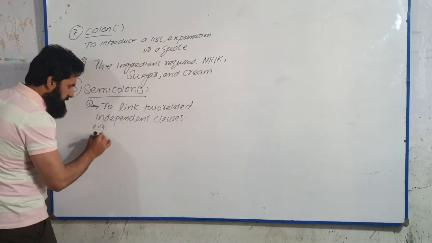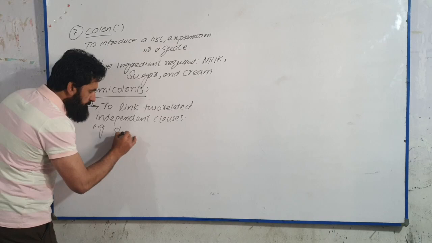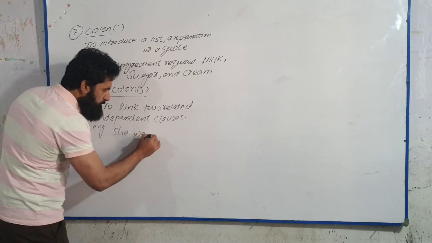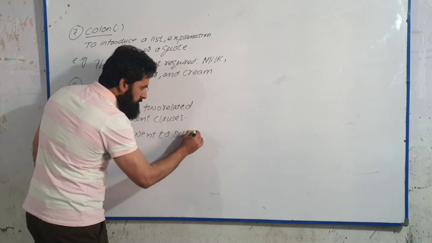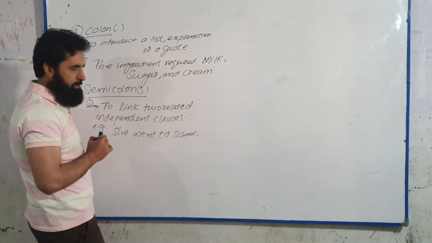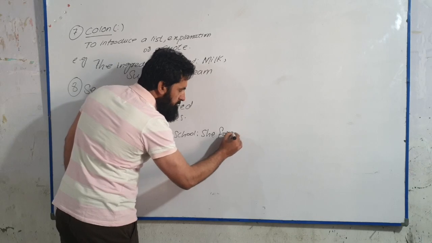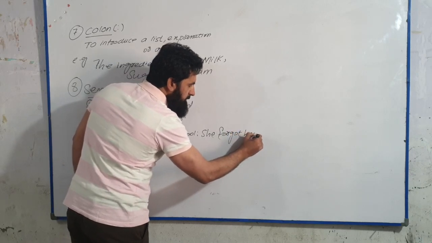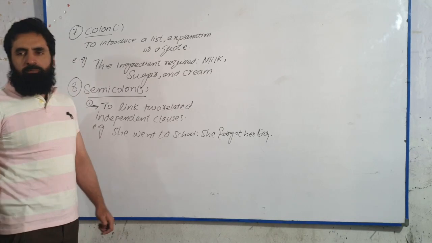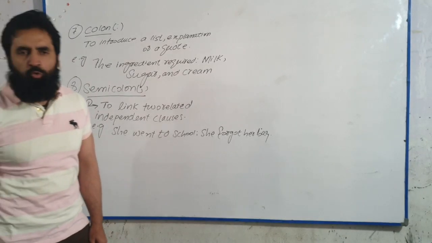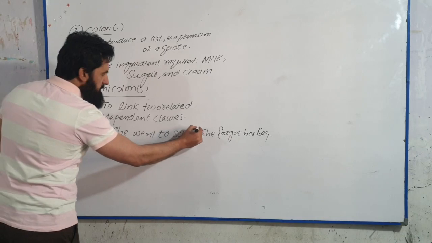For example, she went to school, semicolon, she forgot her bag. ऐसा भी होता है भाई. She went to school, she forgot her bag. So in this way we use semicolon.